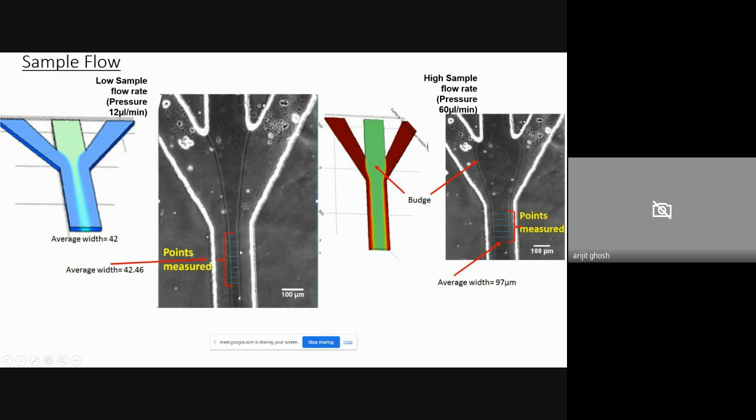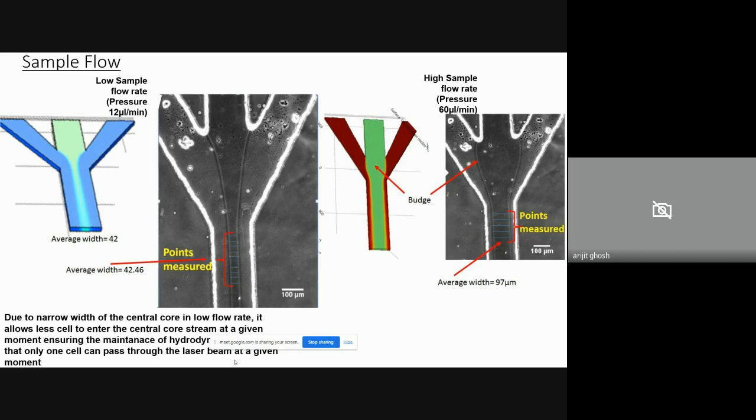So this is the actual flow cell you are seeing here, and in the low sample rate, when the velocity of the sample fluid is low, like 12 microliters per minute, the average width is very low, like 42.46 microns.